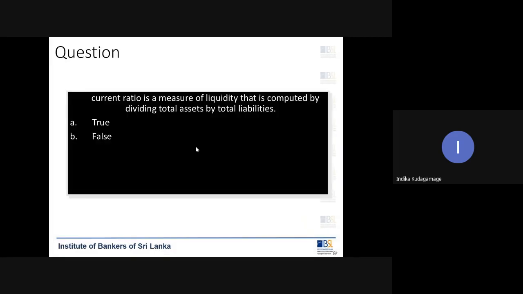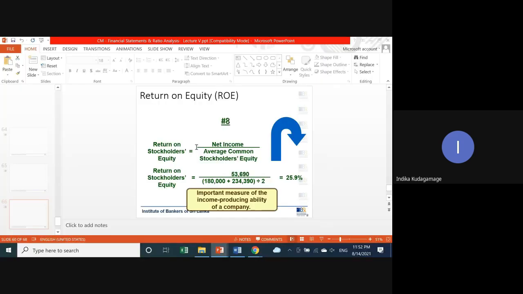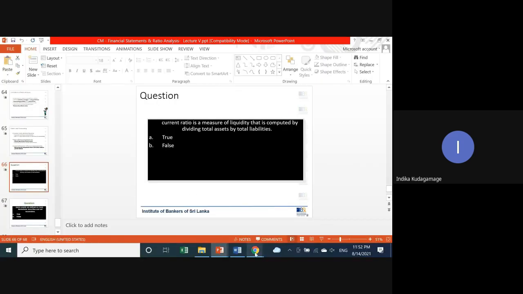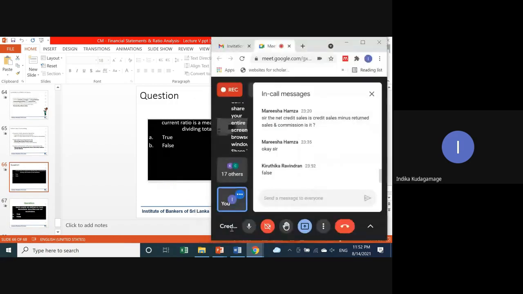I have two questions for you. Right? Current ratio is a measure of liquidity that is computed by dividing total assets by total liabilities. Can I have an answer? I would like to see an answer. Yes, no, true, false.